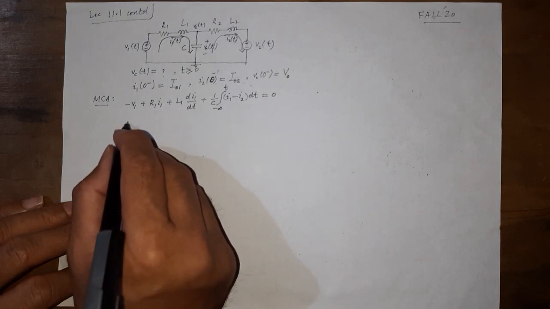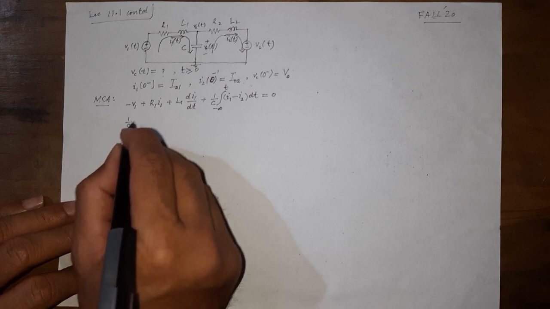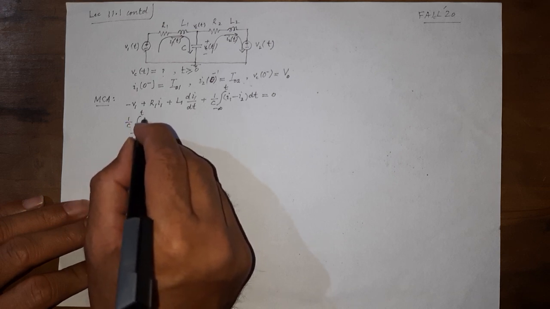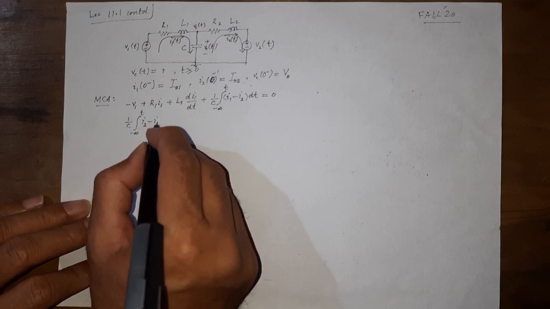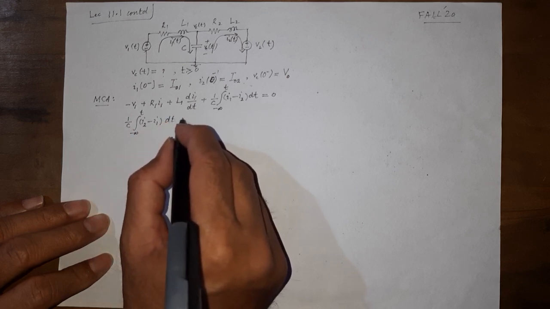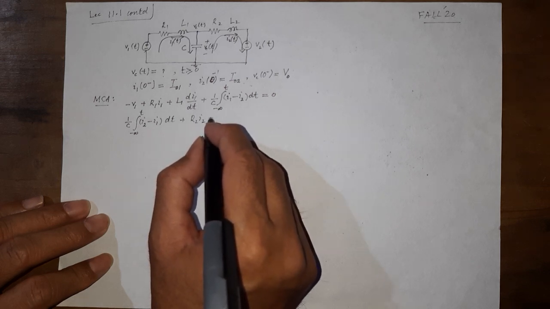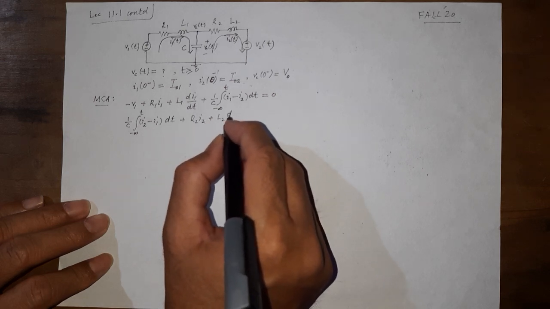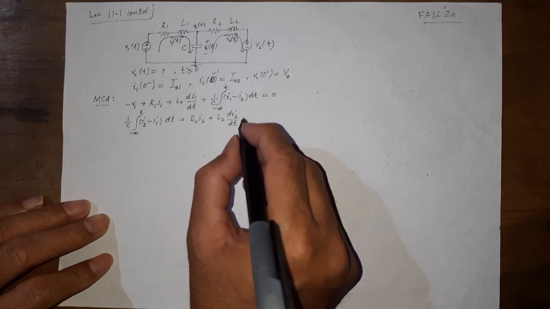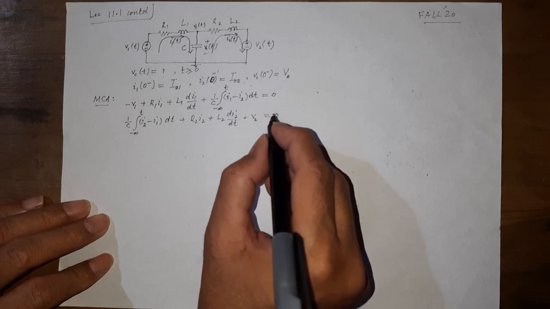Now you can write the expression for the other mesh: 1 over C integral from minus infinity to t of (I2 minus I1) dt, plus R2 I2 plus L2 di2 by dt plus V2(t) is equal to 0.